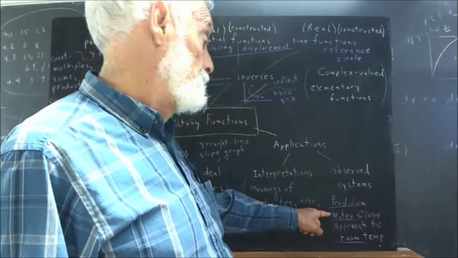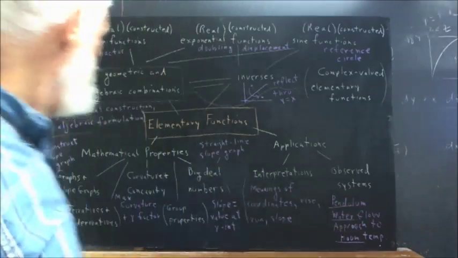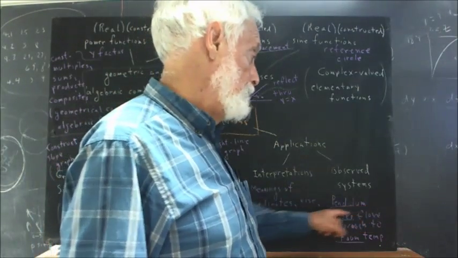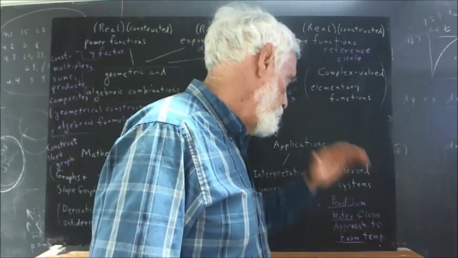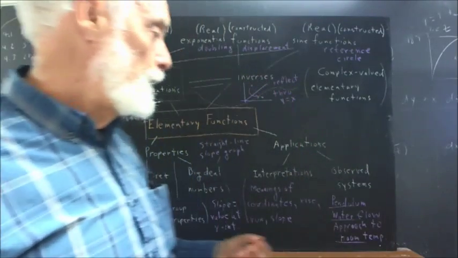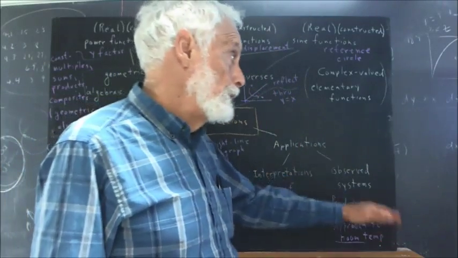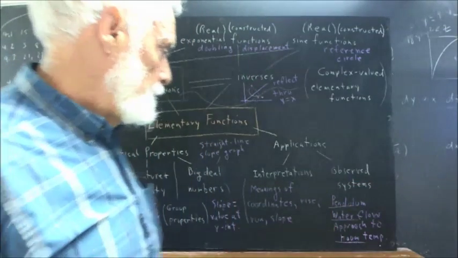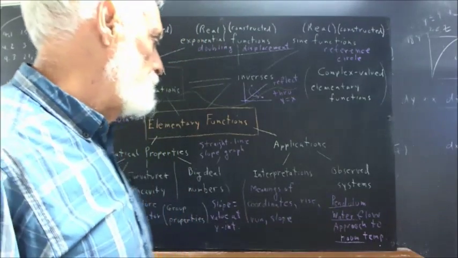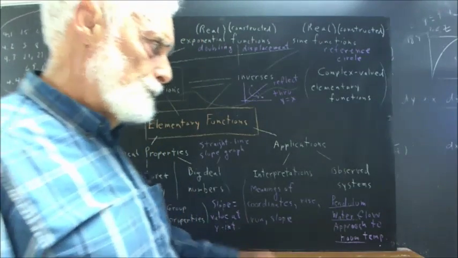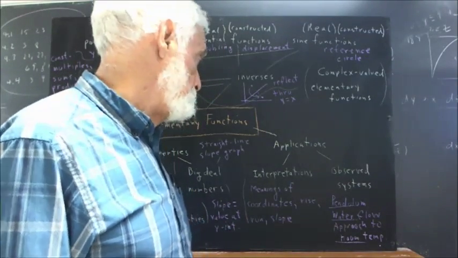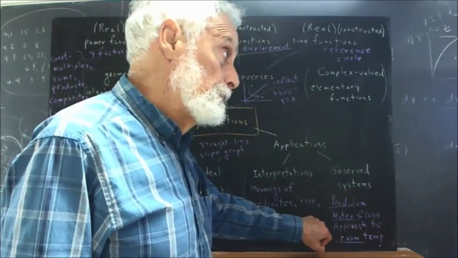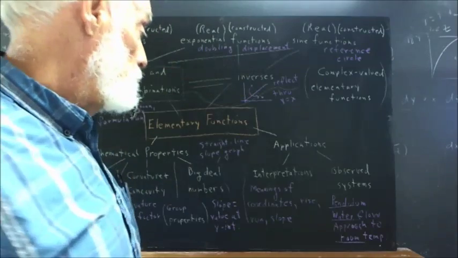Water flow is a power function, but with some transformations involved. It turns out that the depth of the water is a quadratic function of time, and the horizontal range is a linear function of time. That's a profound relationship. We didn't get to go into all the details, which are not particularly difficult, but we did learn in observing systems how they can be modeled by elementary functions.